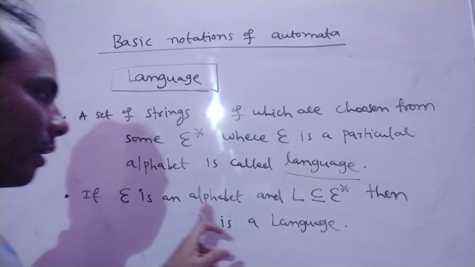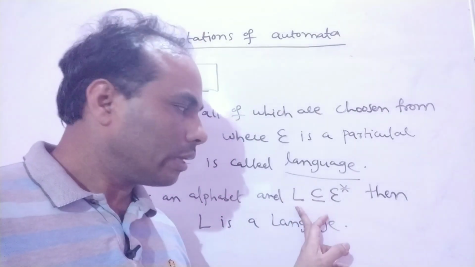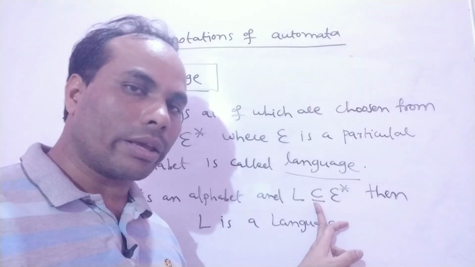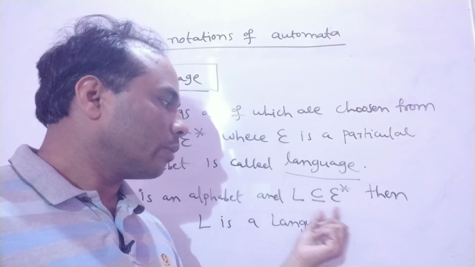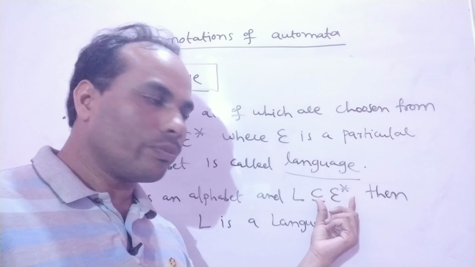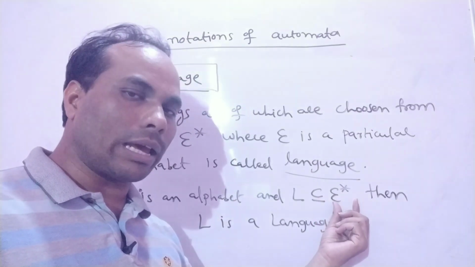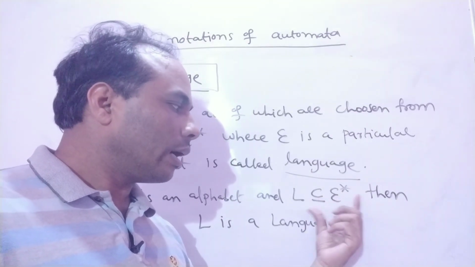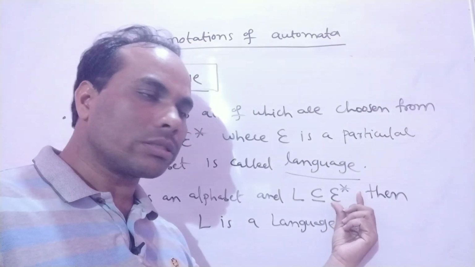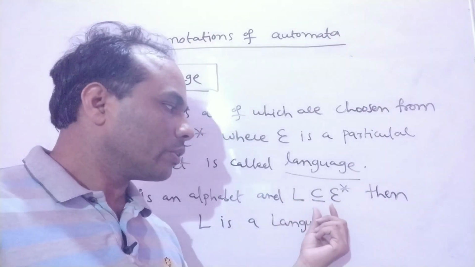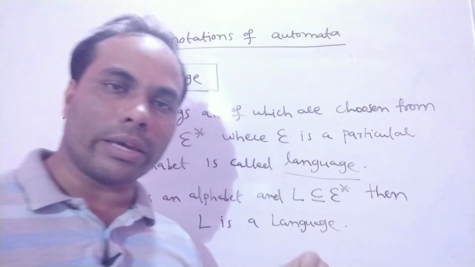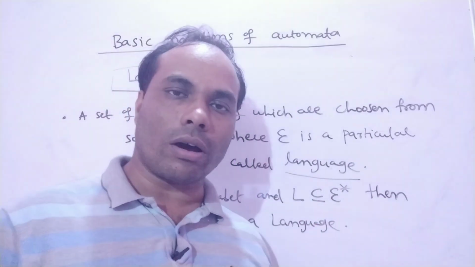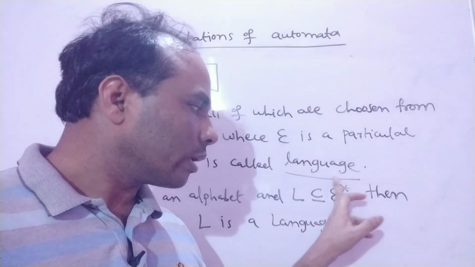And if sigma is any alphabet, the language L is always a subset of or equal to sigma star. It means the language may be equal to the set of all possible strings, an infinite language, or it may be a subset. It means whatever languages you are taking in the theory of automata, you are taking from the sigma star.